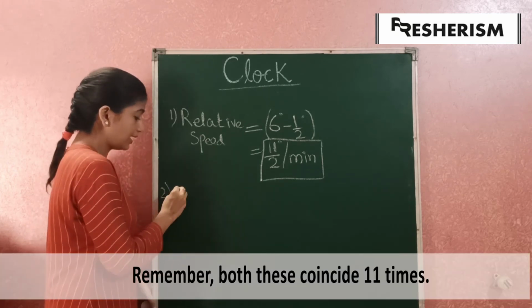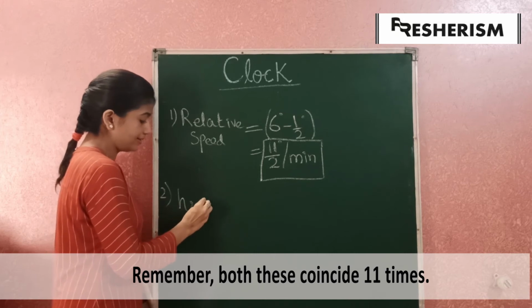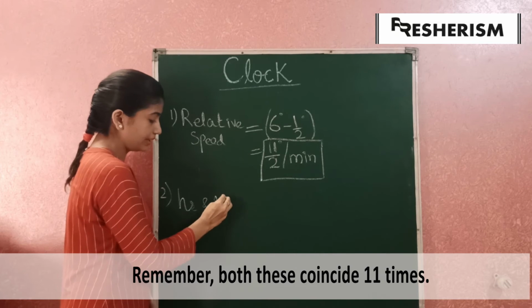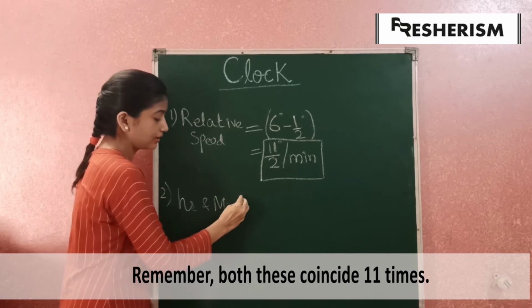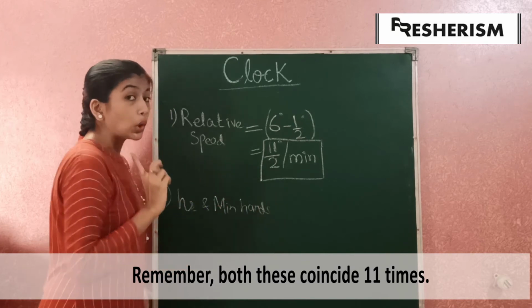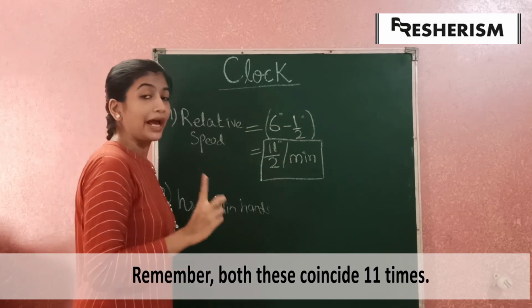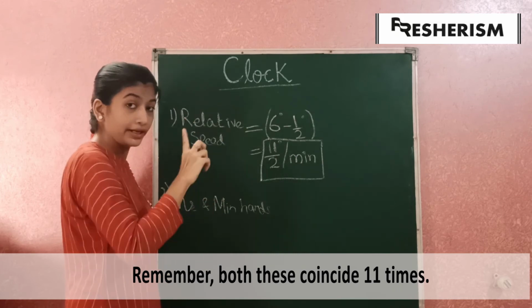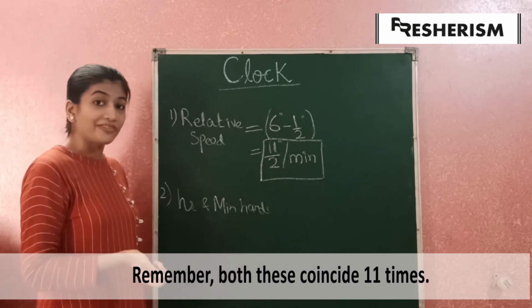Remember, the hour hand and minute hand coincide 11 times in one circle, or in a 12 hour cycle. Why?